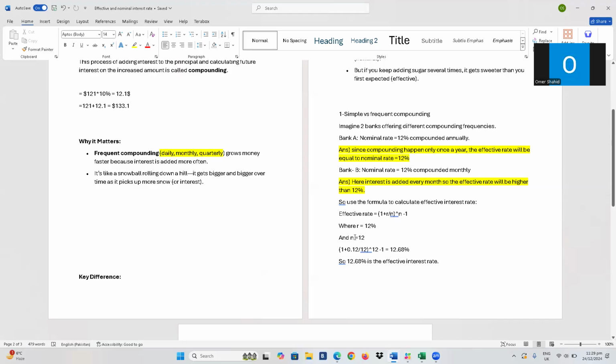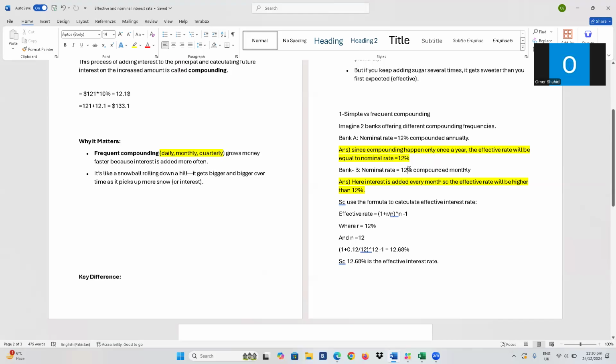How do we use the formula? Same way: 1 plus 0.12 divided by 12. We need to divide by 12 this time. Why? Because they have given us 12% as the annual interest rate.